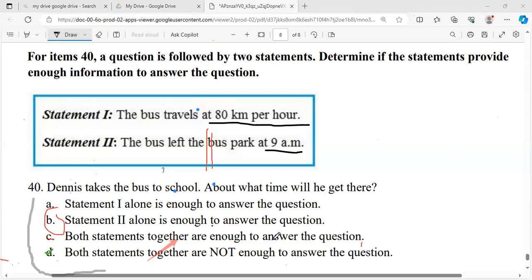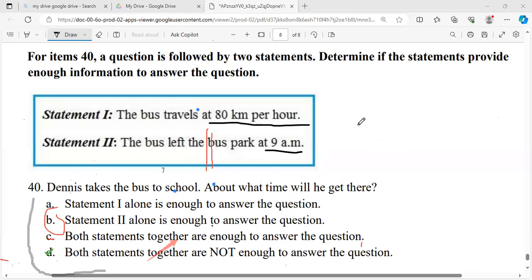All right, Chanel, you were saying something. Go ahead. I said that, sir, it gave the time that it left out, and it says how long the bus travels per hour. So that would be enough. What would be your answer? C. See, both statements together are enough to answer the question.